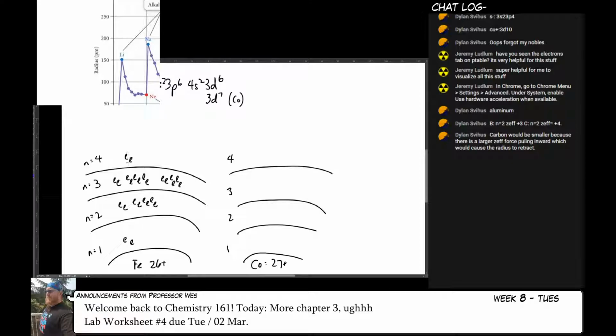So I've got, on the outermost shell right here, I've got 26 pulling in, but I've got all of them but 2 pushing back, right? So these guys push back and these push back. So ZEffective would be Z minus the screening from the core electrons, which would be 26 minus 24 equals plus 2. So that's ZEffective for iron.